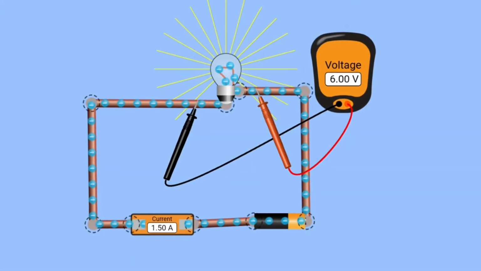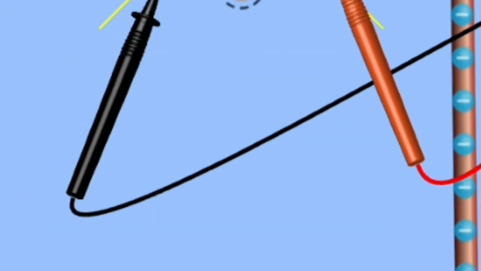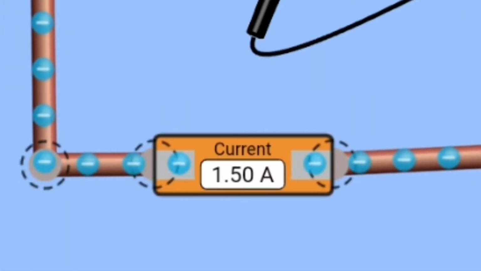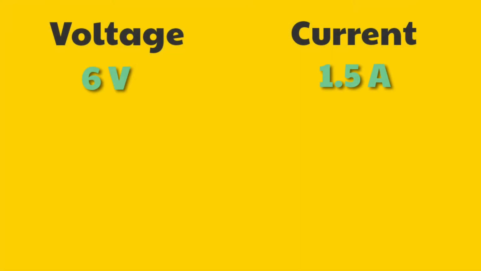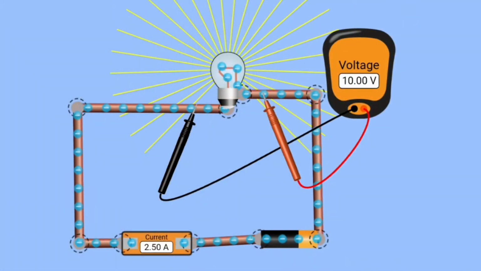So let's do that. Okay, now let's put our voltage at 6 volts. What we have to do is write down the readings of the voltmeter and ammeter. The voltmeter is showing 6 volts and the ammeter is showing 1.5 ampere. Now first of all, turn off the switch, then you can change the voltage, then turn on the switch again, and write the readings again.